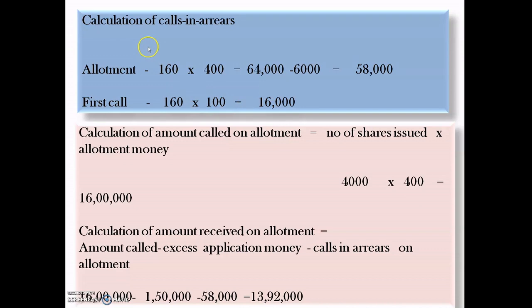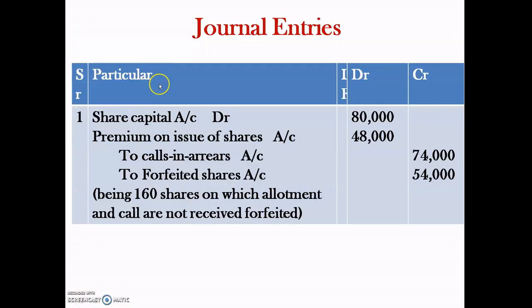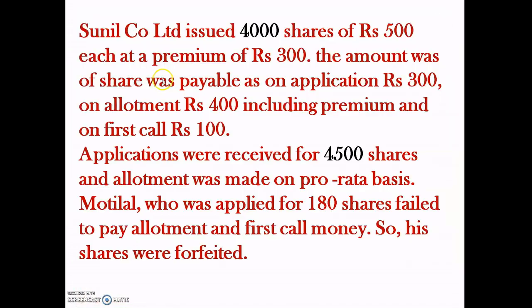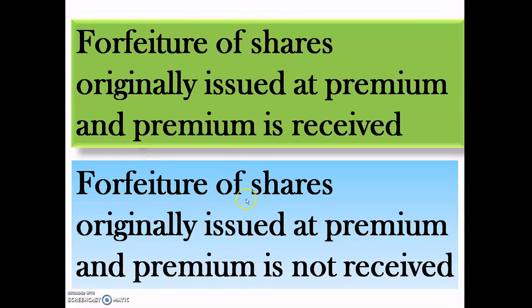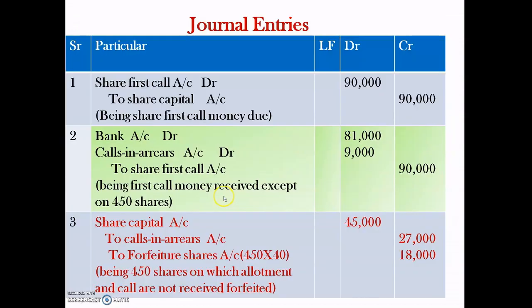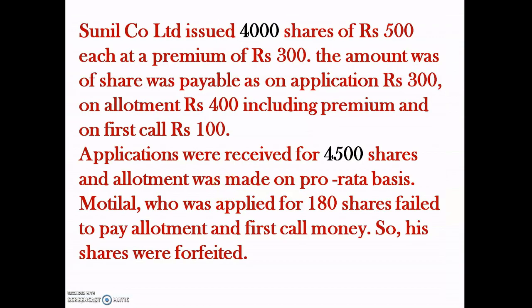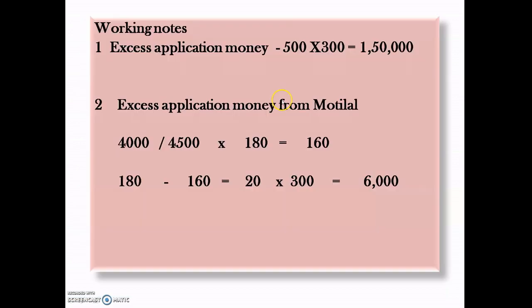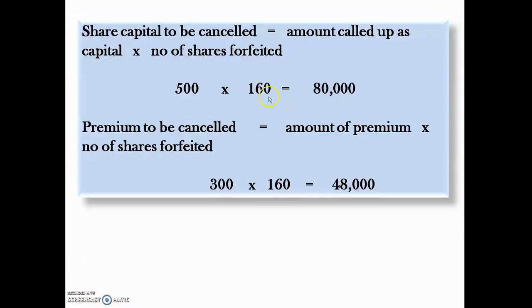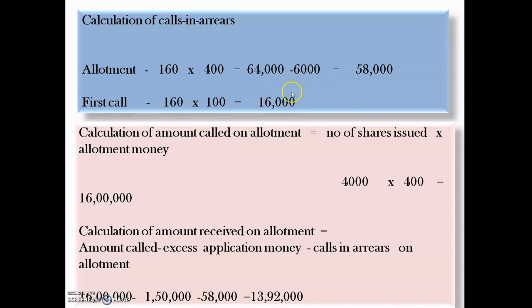Like this we have to make the calculations when shares originally issued at premium are forfeited and the premium is not received. So calls in arrear on allotment is 58,000 and on first call is 16,000.